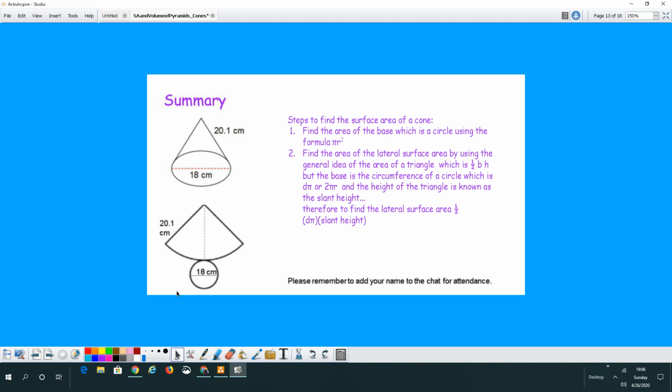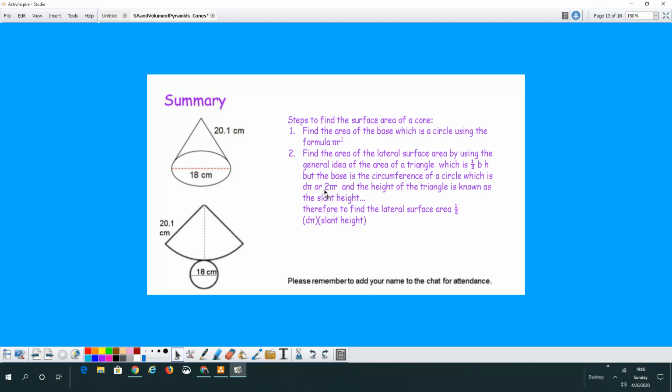In this case, that base is a circle, and we use the formula pi r squared. To find this lateral area, this part up here is our lateral surface area, by using the general idea of a triangle, which is 1/2 base times height, but the base is the circumference of a circle, which is 2 pi r.